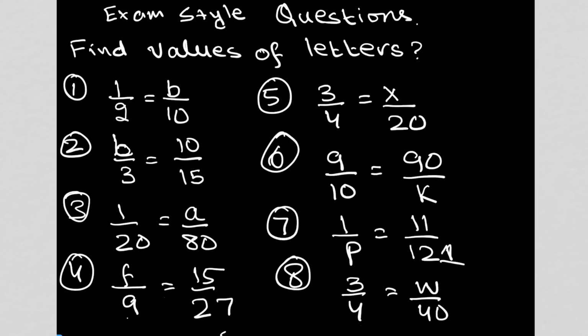Now please do all these exam style questions and find the values of the letter given in 1, 2, 3, 4, 5, 6, 7, 8. All of them, please. And find the values of all the unknown letters for me, please.